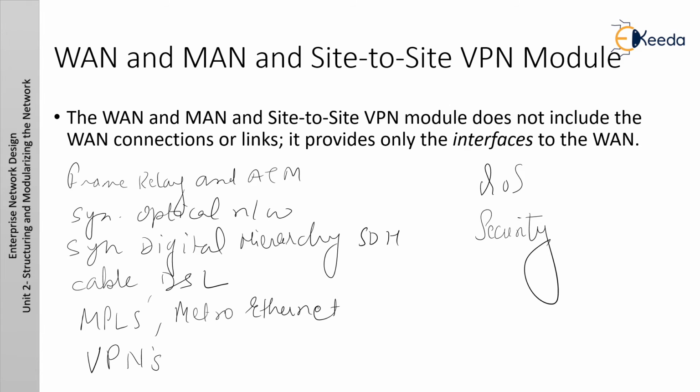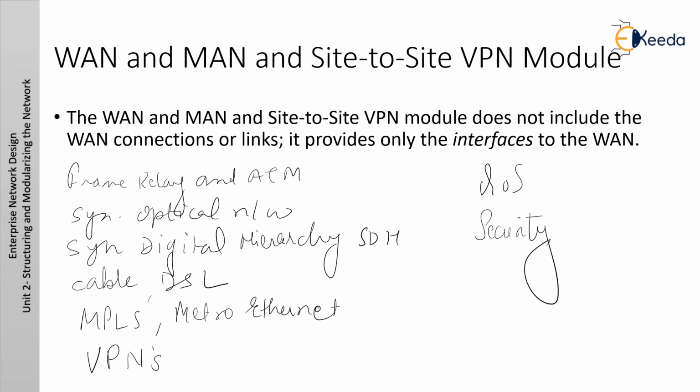In addition to traditional media such as leased line and circuit-switched data link technologies such as Frame Relay and ATM, this module can use more recent WAN physical layer technologies including synchronous optical network, synchronous digital hierarchy SDH, cable, DSL, MPLS, Metro Ethernet, wireless, and service provider VPNs. This module incorporates all Cisco devices that support these WAN technologies and routing, access control, and QoS mechanisms.